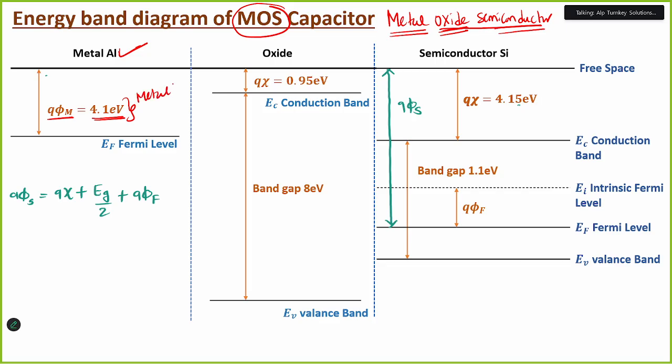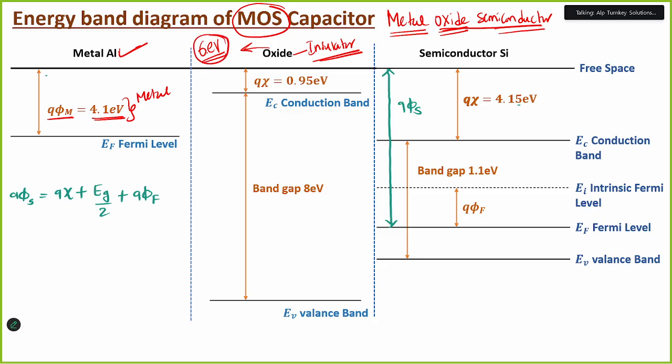And the oxide is nothing but the insulator. We already saw for insulators the energy band gap is large, around 6 to 8 electron volts, during semiconductor physics.